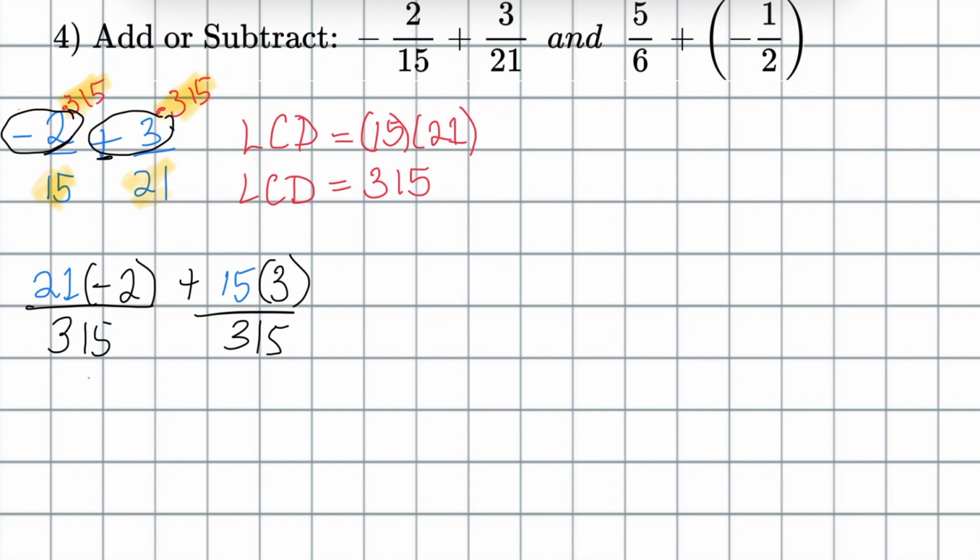Okay, now that we have a common denominator, we can combine the whole fraction. But beforehand, we're going to carefully multiply these numbers. This is going to give you negative 42 plus 45.